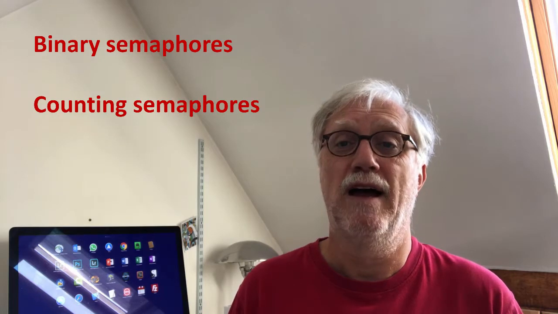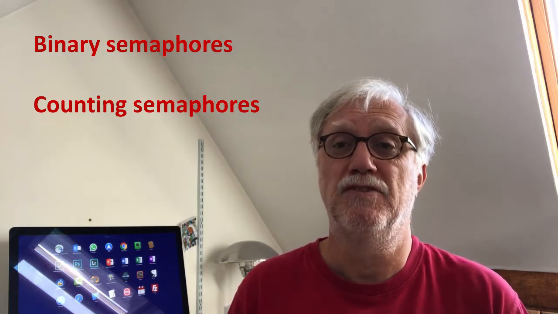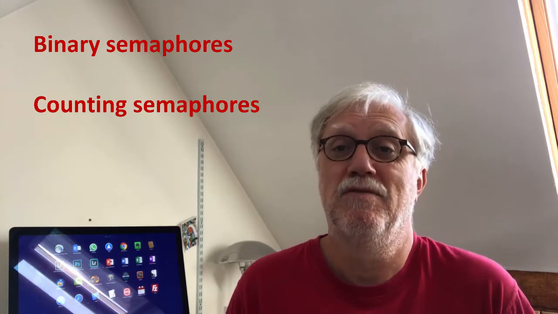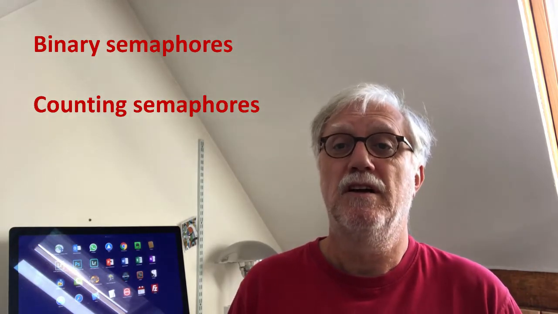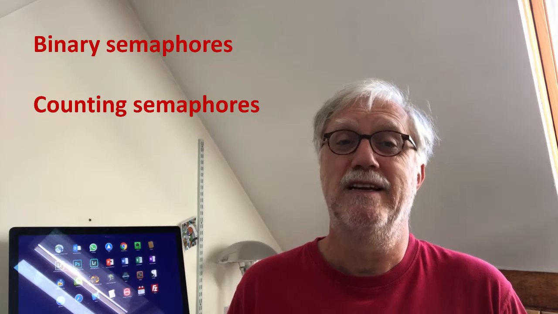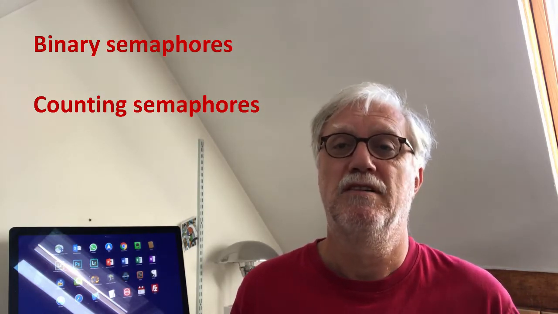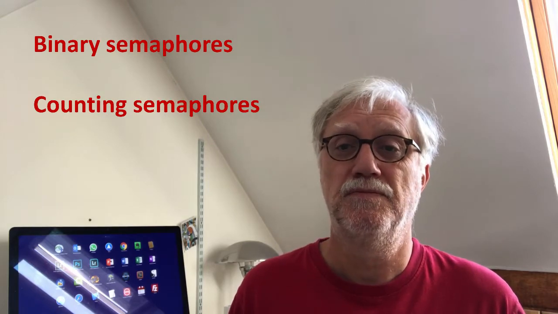Now, a counting semaphore has a number of different states, something more than two. It will depend from one semaphore to another how many states it has, but in the way that a binary semaphore is really just a counting semaphore with two states, a counting semaphore, I say, can have many more than that as needed.